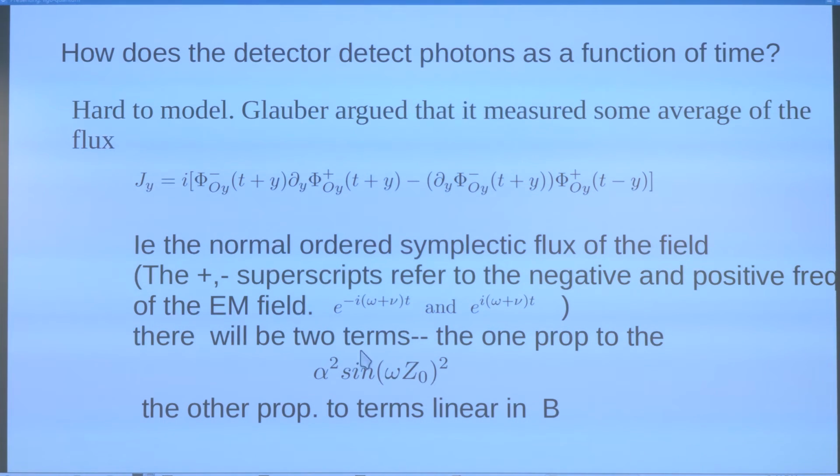And there will be two terms. One is proportional to alpha squared times sine, and the other one is proportional to B times alpha times sine.